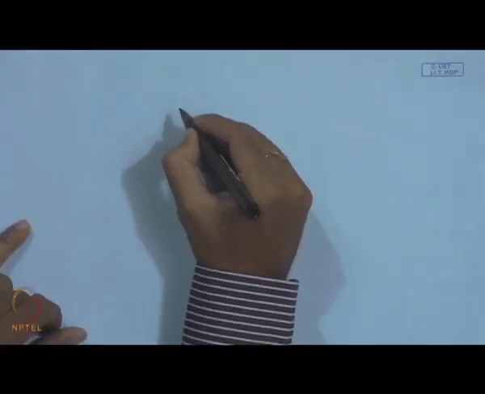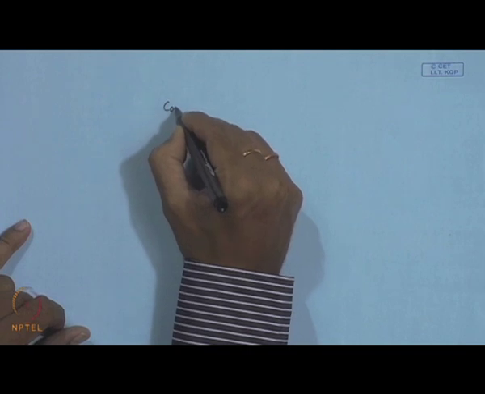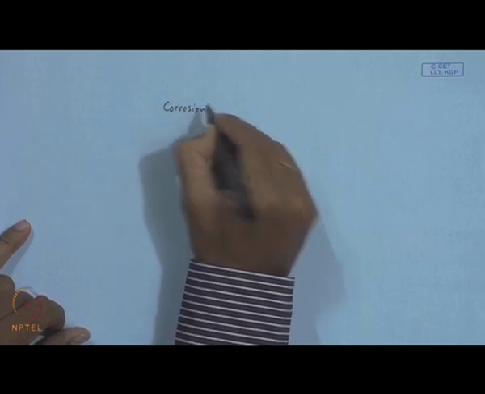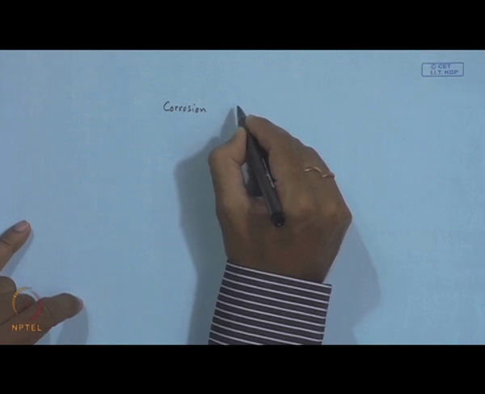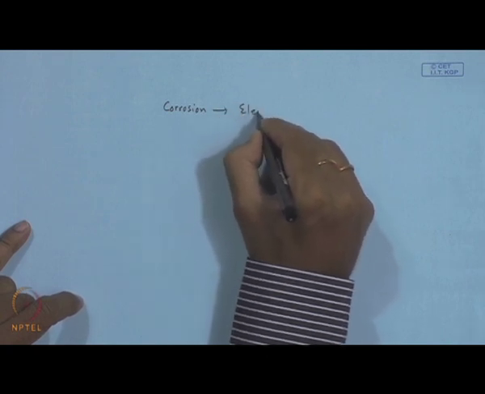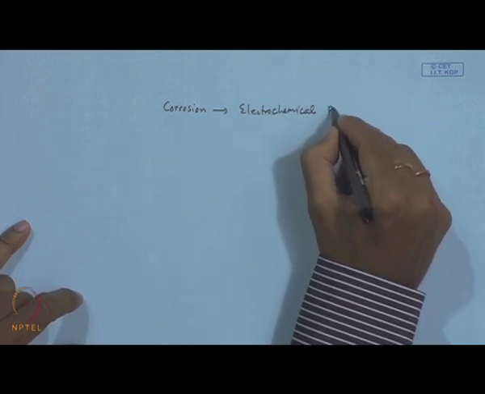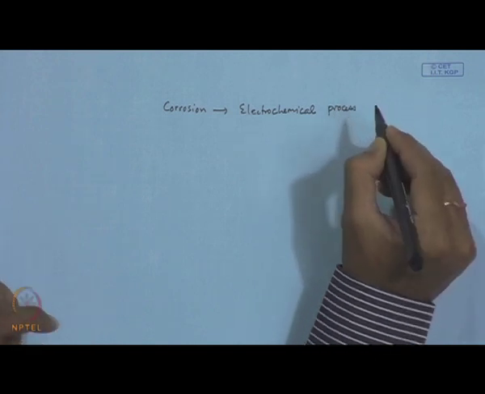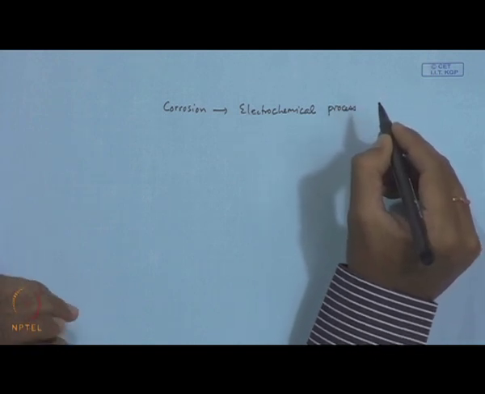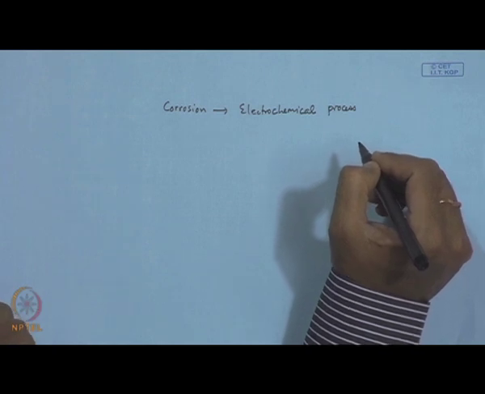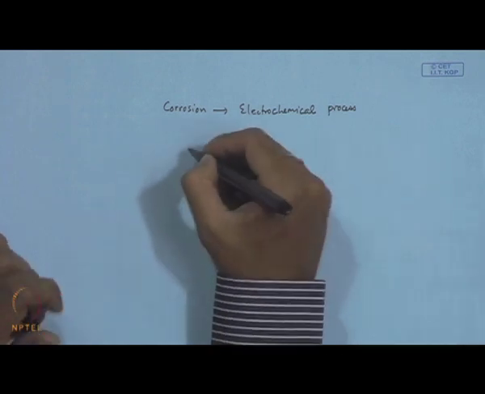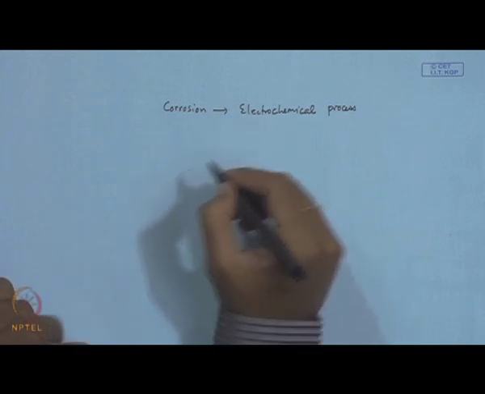Basically, corrosion is an electrochemical process. Okay. And how this corrosion can be controlled, and what are the factors that are responsible for corrosion to occur.